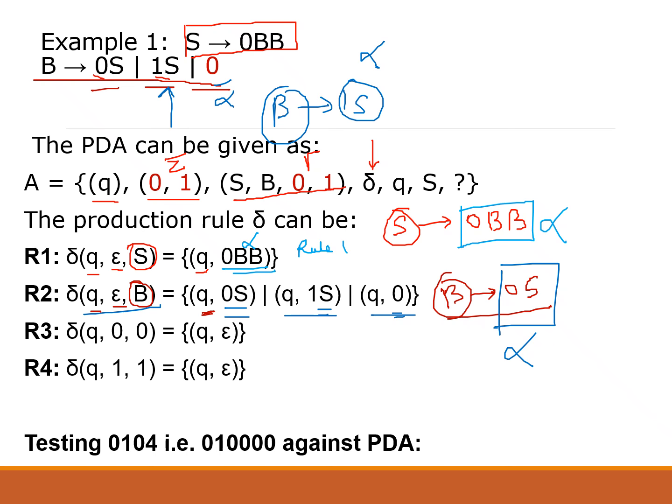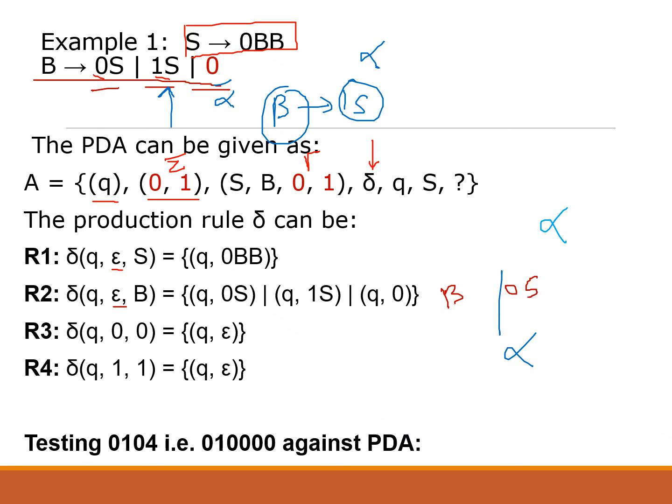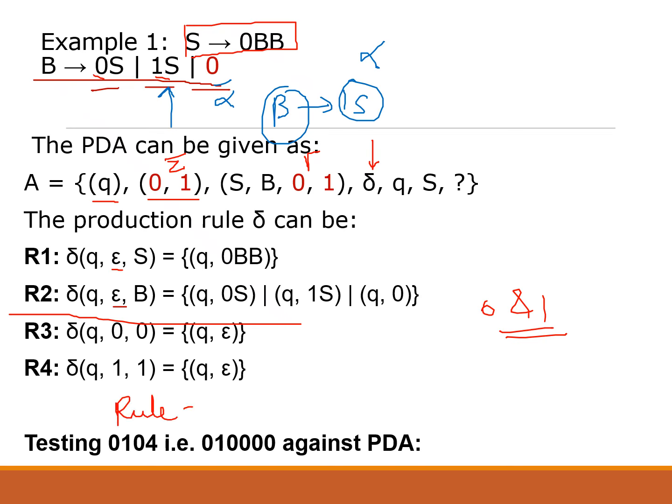So these are the rules that we will get corresponding to the non-terminal rules which are available in the given grammar. However, for the terminals, we have 0 and 1. For both these terminals, we'll have to write more rules according to the second rule which we saw in the previous slide.